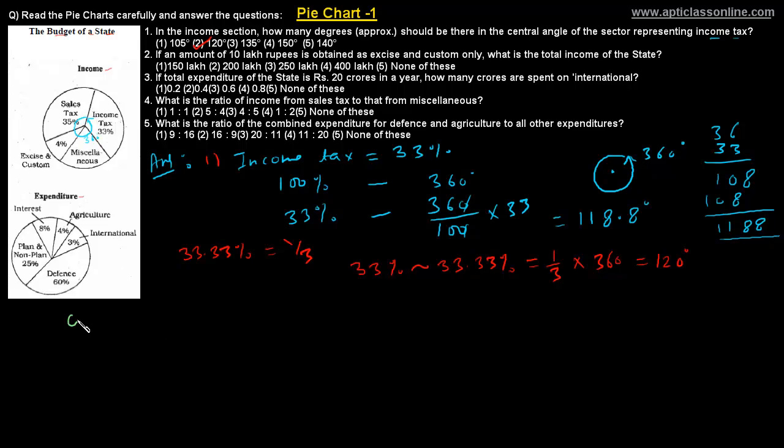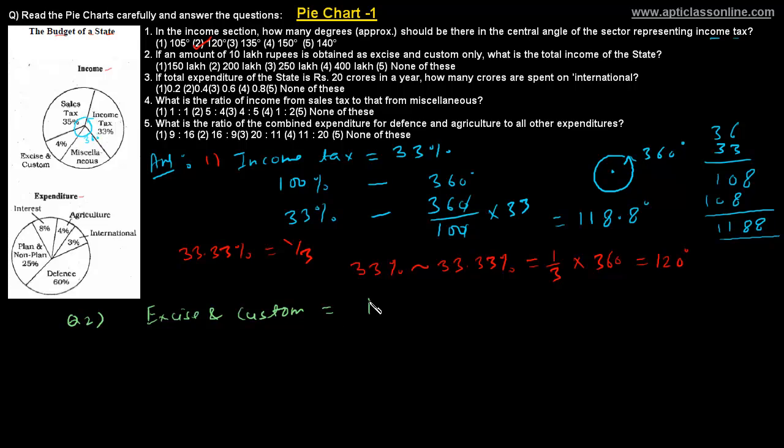Question 2 says, if an amount of 10 lakh rupees is obtained as excise and custom only, what is the total income of the state? 10 lakh rupees is obtained as excise and custom only. So excise and custom represents how much percent of the total?